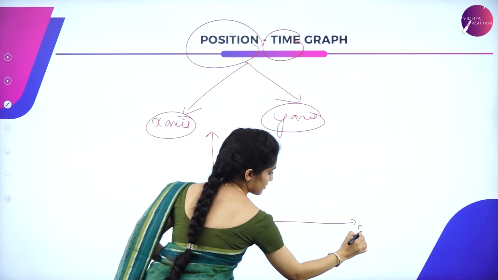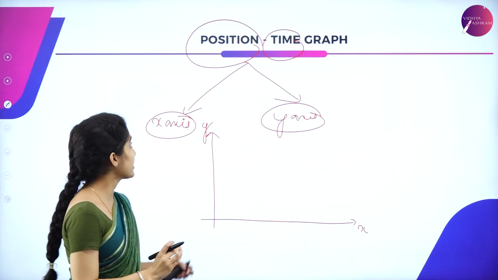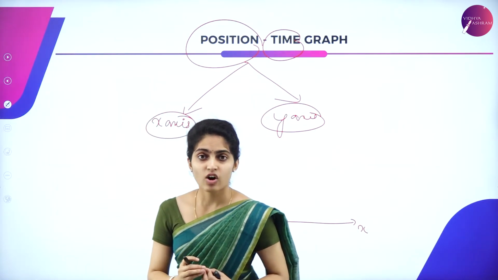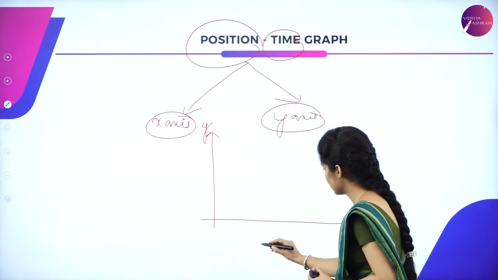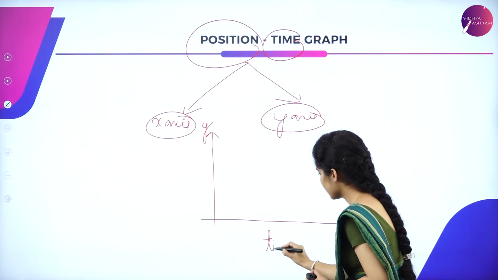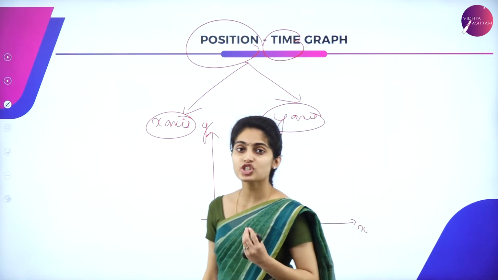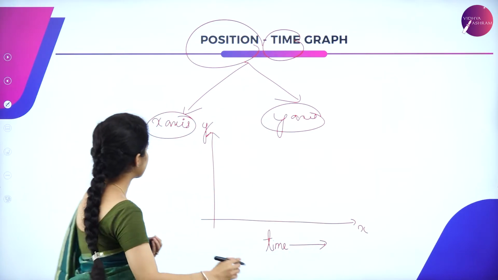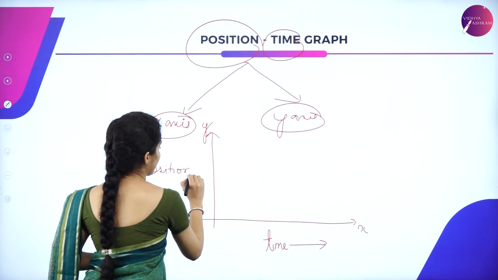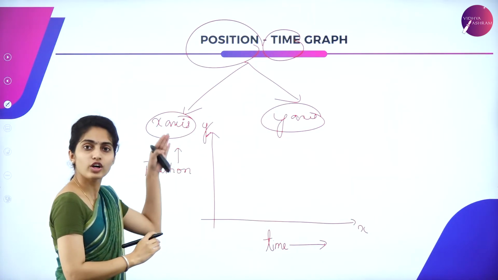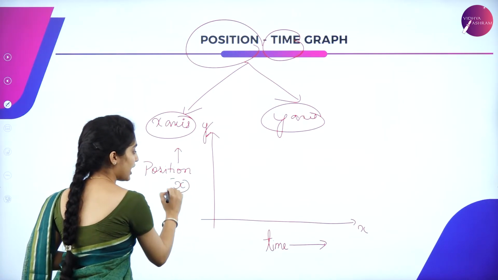Here, time is considered along the x-axis, so it is t, and position is always along the y-axis, which in short can be given as x.